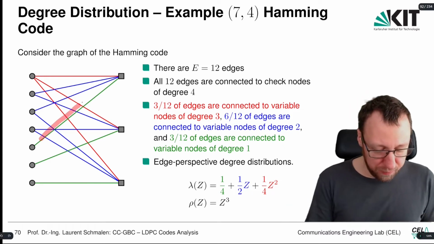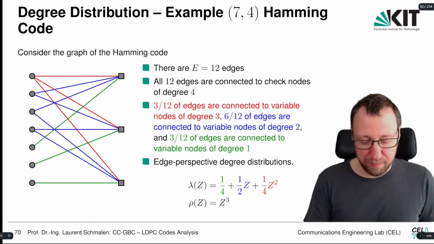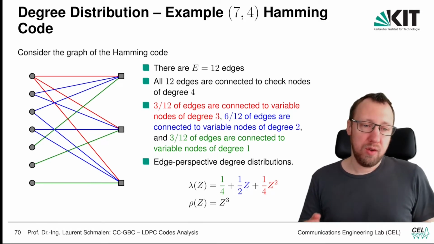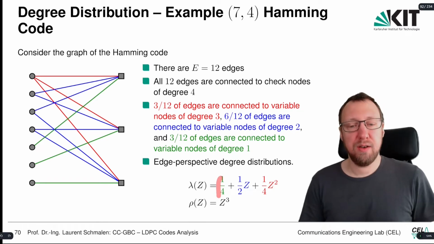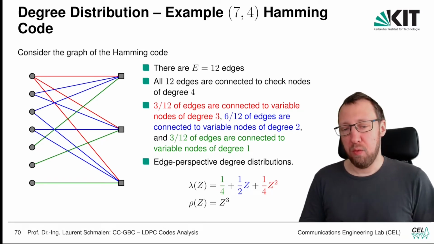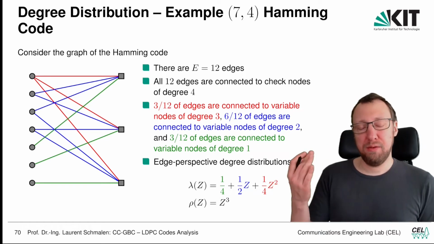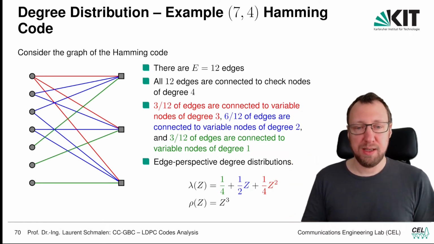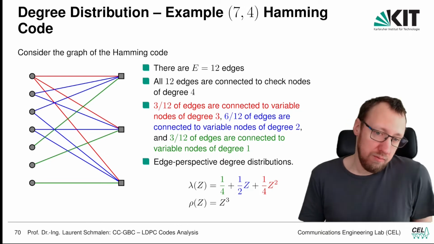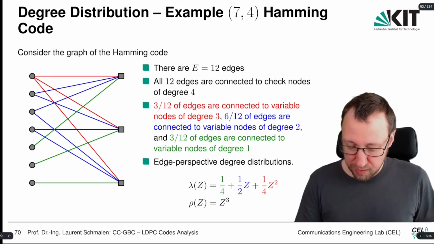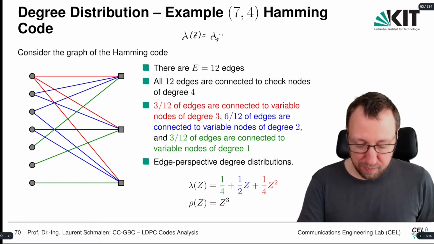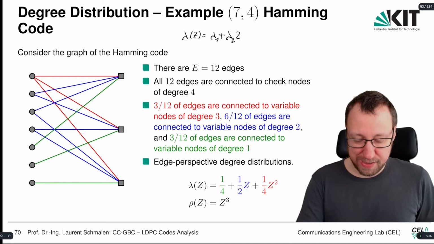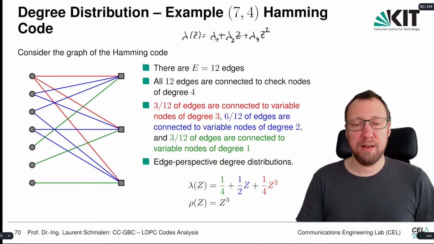Then we have 3 out of the 12 edges that are connected to variable nodes of degree 1. 3 out of 12 is 1/4. So we have 1/4 of the edges connected to degree 1. So it is z to the power 0, and z to the power 0 is equal to 1. So we see that lambda of z is equal to lambda 1 plus lambda 2 z plus lambda 3 z squared.